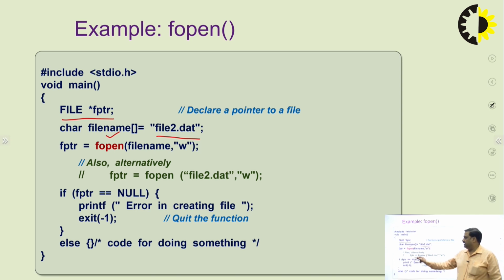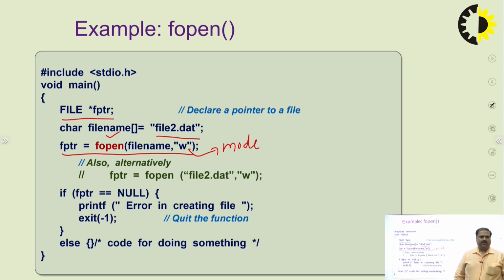So we can write fptr equals fopen, the file name, and mode. The mode we are using here is write mode. What will happen now? If the file exists, it will be overwritten and the data will be lost. If the file does not exist, then a new file with the name file2.dat will be created.